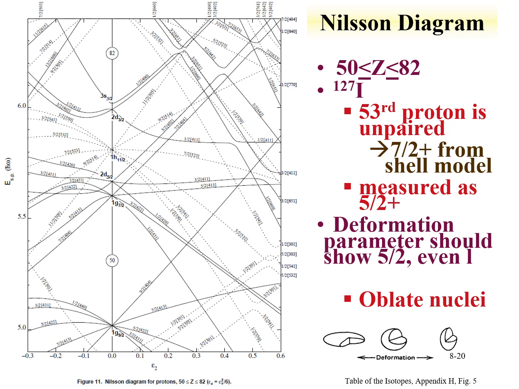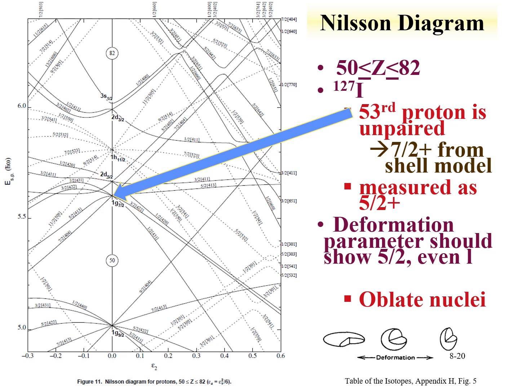So let's consider iodine 127. It's a stable nucleus. Here's the Nilsson diagram for protons of Z between 50 and 82. Iodine 127 has 53 protons. That's the unpaired one. From the shell model, we would expect the spin to be 7/2, the parity to be plus.